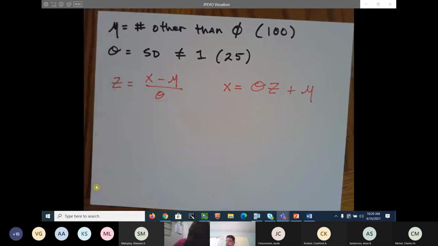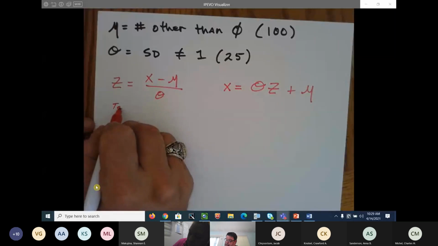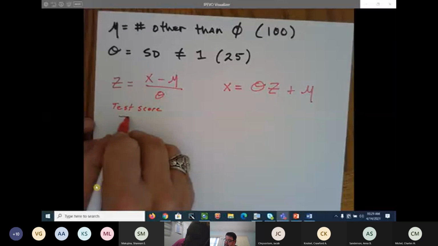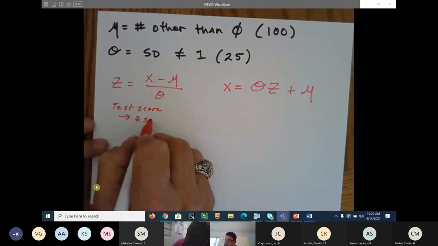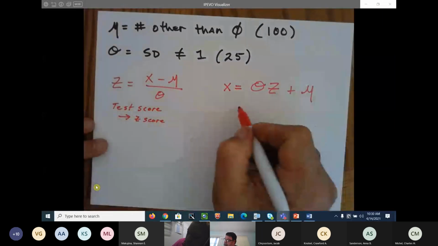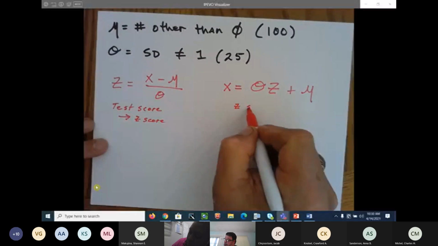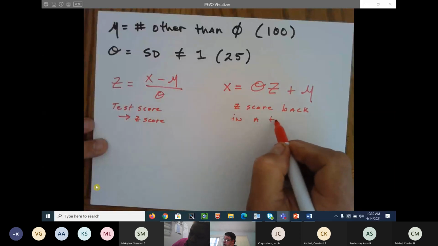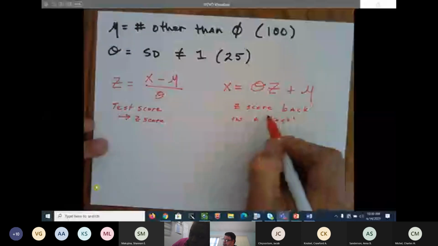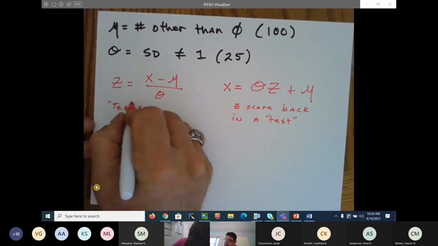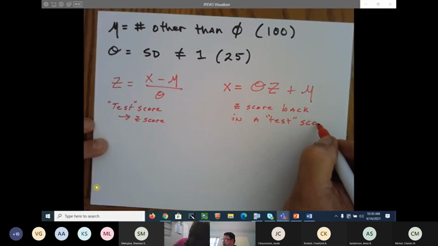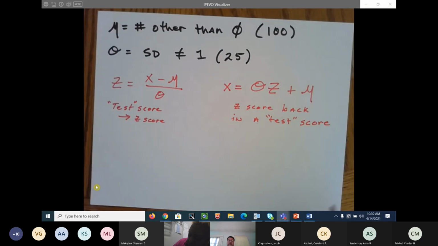I'll just write it. This changes a test score, like an IQ test, whatever they give you, into a z-score. And this changes a z-score back into a test score. Now I'm going to put test in quotation marks because sometimes it's a test score, sometimes it's days carrying the pregnancy, it can be anything.